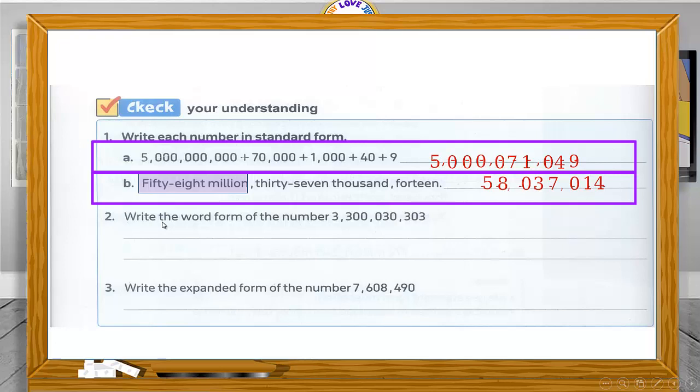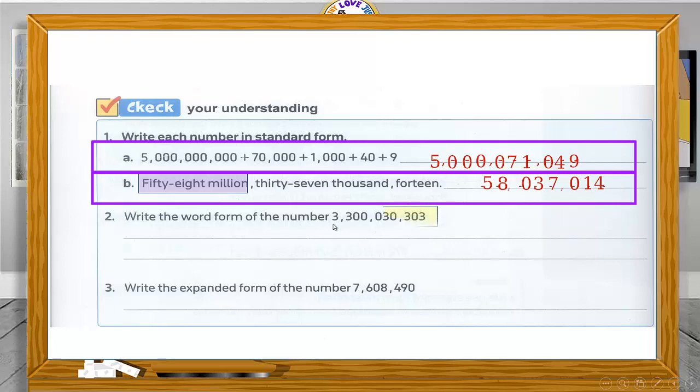Next exercise, it tells you write the number in word form. Write the word form of the number 3,300,030,303. Start from the left side. I said if you want to write word form, say the number or read the number. 3 what? 3 milliard.